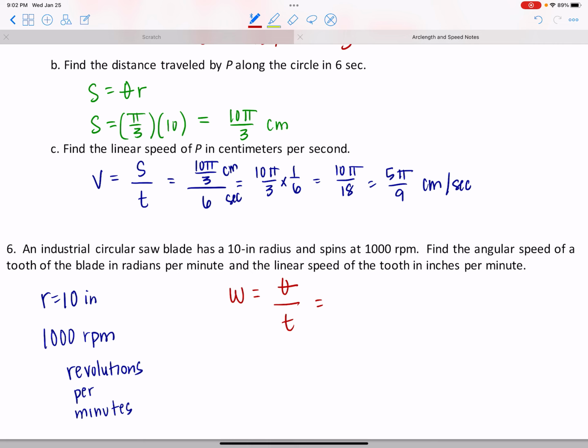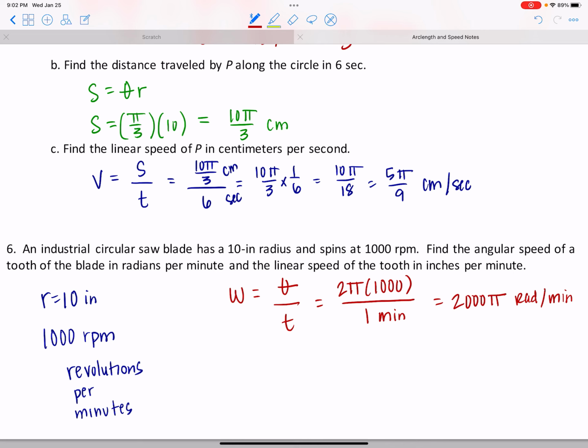So we're making an angle of 2 pi radians 1000 times in 1 minute. That's our time. So our angle is 2 pi, but again, it does it 1000 times in that time of 1 minute. So 2000 pi radians per minute is our exact angular speed. Okay? And again, you could approximate that with a calculator if you needed to.